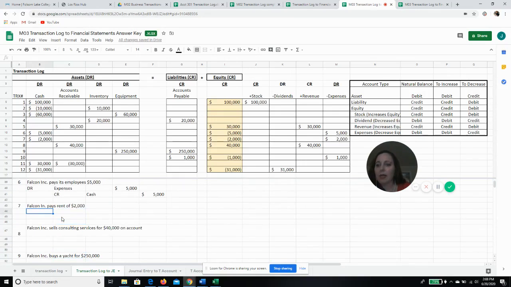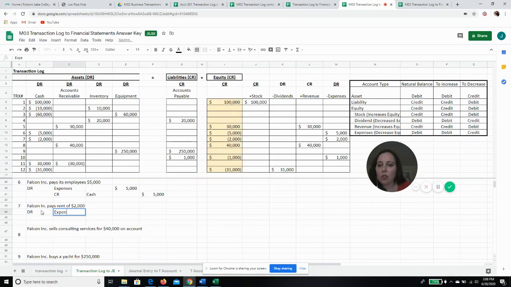Okay, next we're going to pay rent of $2,000. This is transaction number 7. We're going to increase expenses by $2,000 and decrease cash by $2,000. So to increase my expense, I debit. So I'm going to start there because we always start with our debits. And we're just going to call this expenses. Again, when we get farther into the semester, we'll call that rent expense.